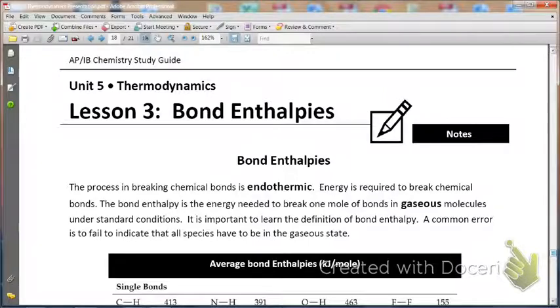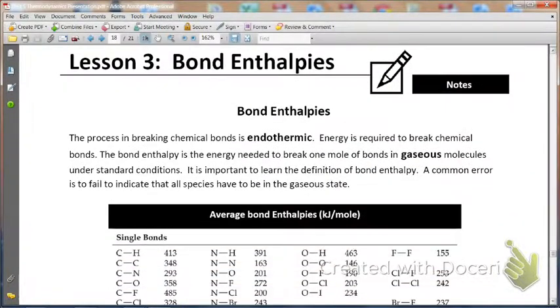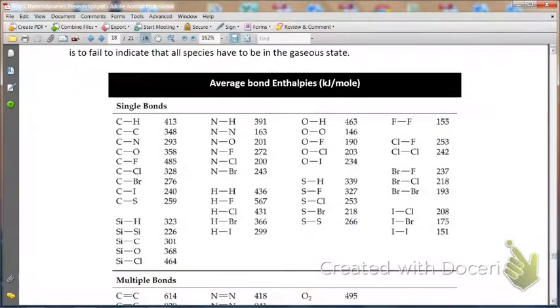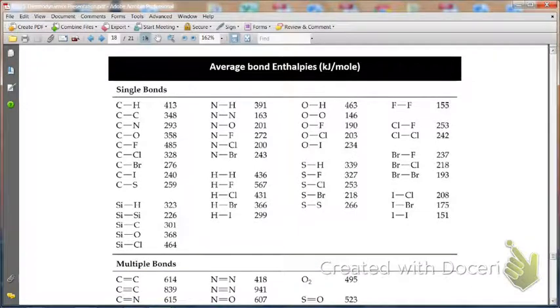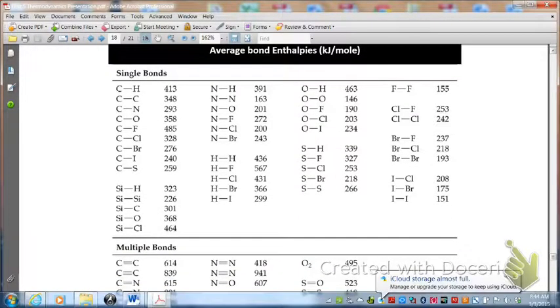Alright, so we have a table here in your notes that lists the bond enthalpies of specific types of bonds. So if you look at, for instance, a C-H bond, here this is the first one, a C-H bond, it requires 413 kilojoules of energy per mole of C-H bonds to break those bonds.